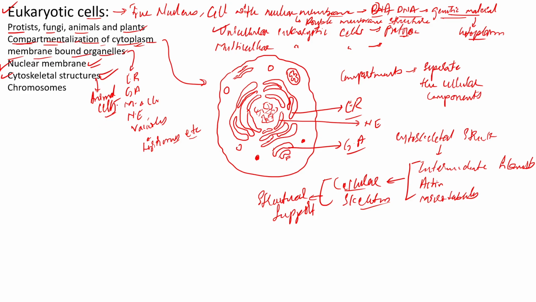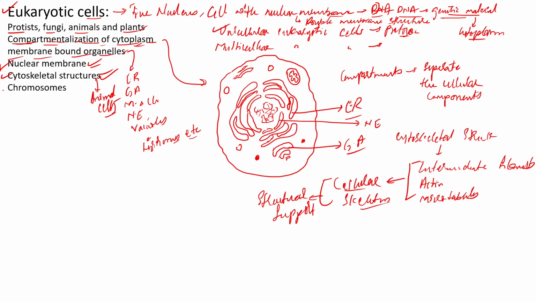But in animal cells there is no such structure, so for proper shape, structural support and motility, the cytoskeletal structures play a very important role. So their function is more pronounced and more clearly observed in animal cells.